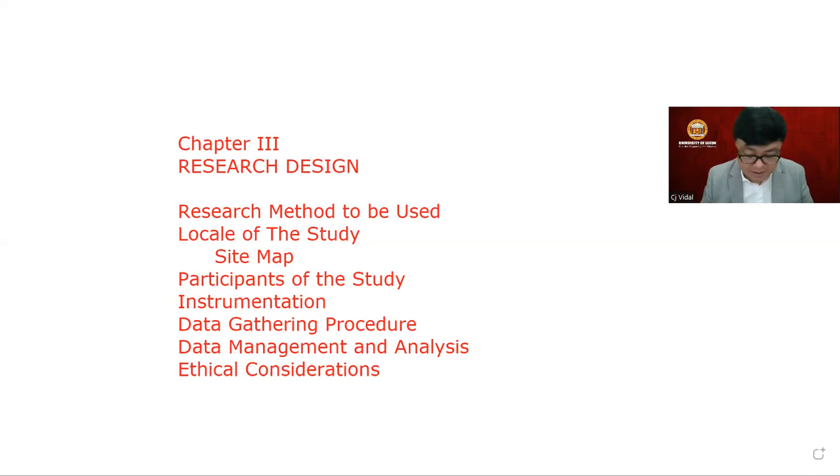So you need to base it on the research question. It will be a one-on-one correspondence as to what statistical treatment may be needed, per sub-problem.